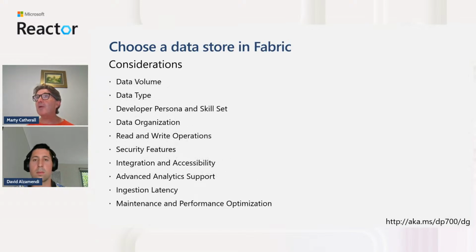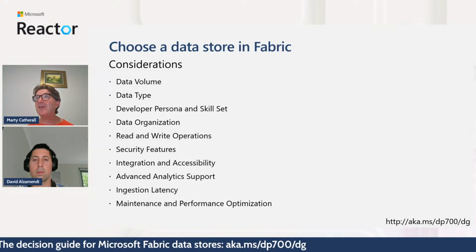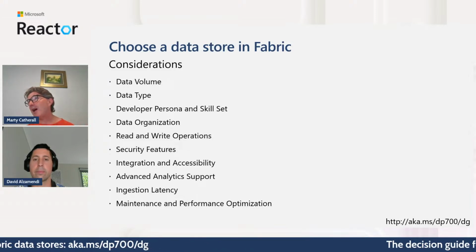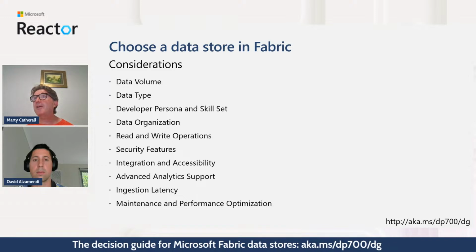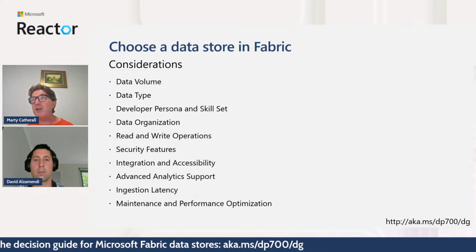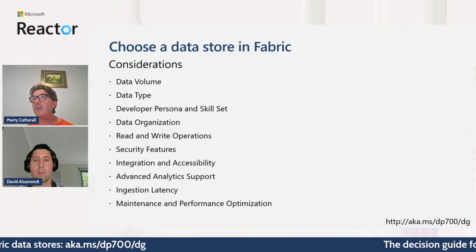And then we've got considerations for the Fabric data store. Very similar to what we had previously with the volumes, the types, and the personas. How does your organization treat data though? How is it being used? What are the read and write operations being implemented? And what security features do you want?